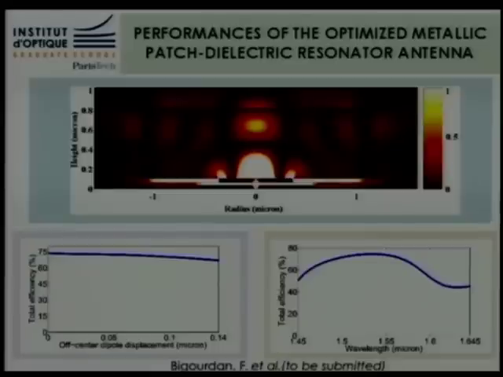So the result is this structure, which has a 2 micron size dielectric cylinder, where you can see that the plasmonic mode couples efficiently to modes of the dielectric resonator.